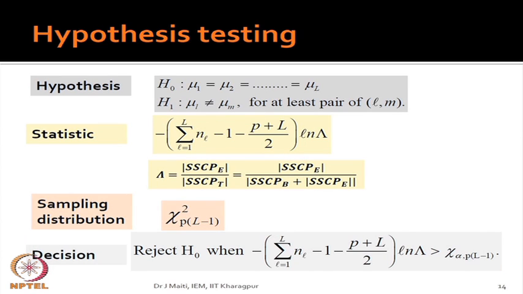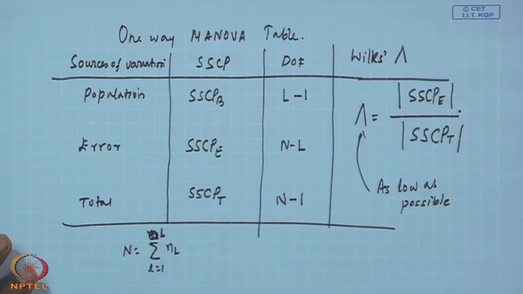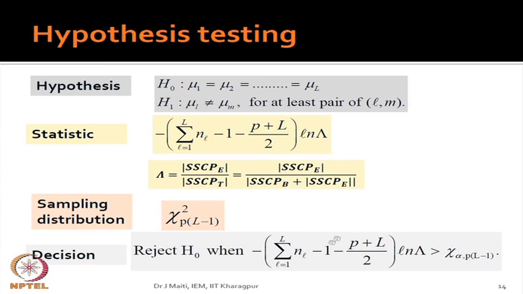Okay. Now, based on whatever we have developed so far, we want to test the hypothesis. What are the hypotheses? Null hypothesis and alternative hypothesis. In our case, the null hypothesis is that there is no difference in the mean vectors for all the populations, and the alternative hypothesis is that at least one pair of populations is different in terms of their mean vectors.